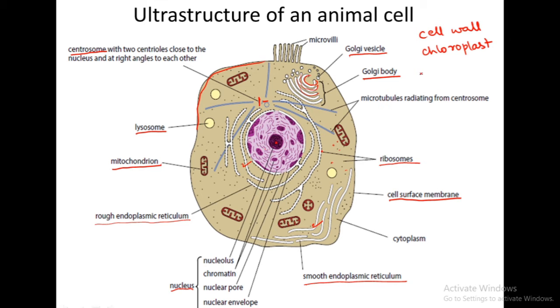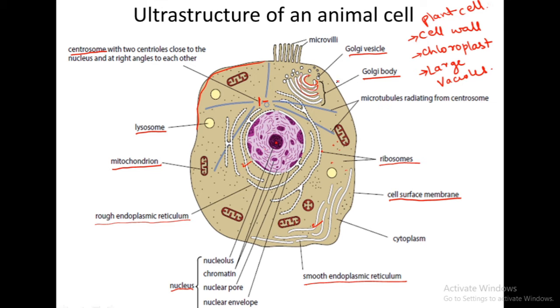Animal cells do have vacuoles, but they are tiny. They are not as big as compared to plant cells. Plant cells have very large vacuoles. I'm just writing large vacuoles. So these are the things which are exclusively present in plant cells.